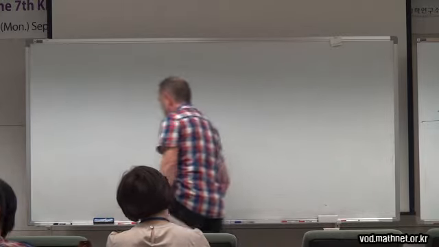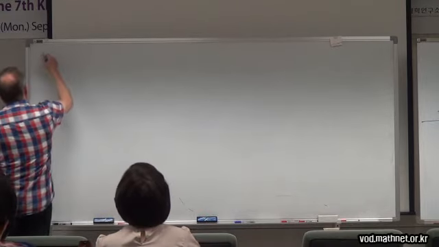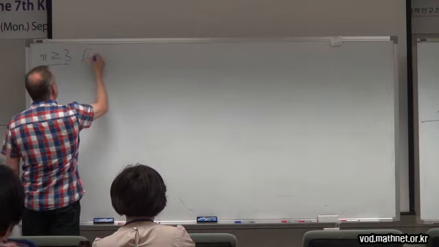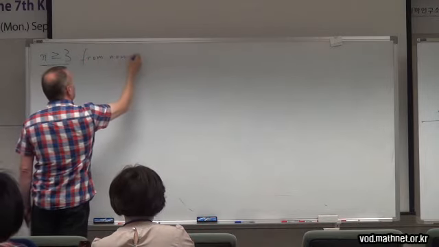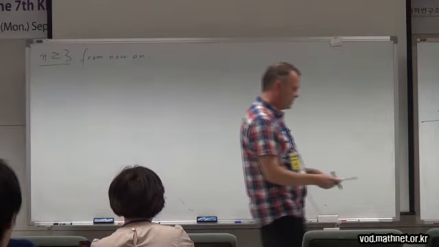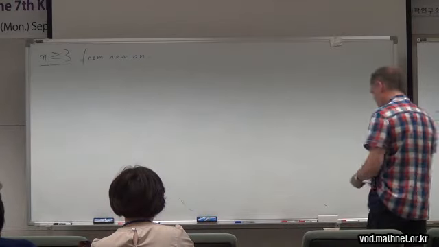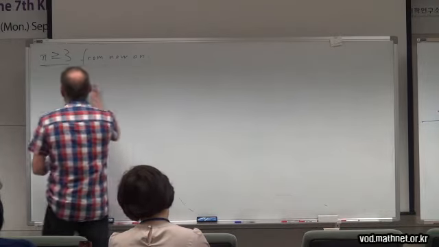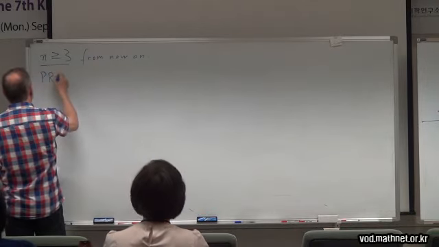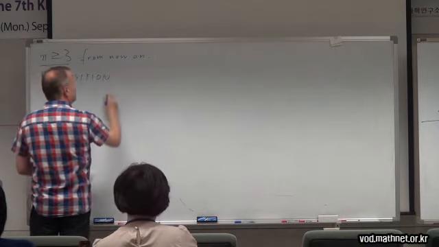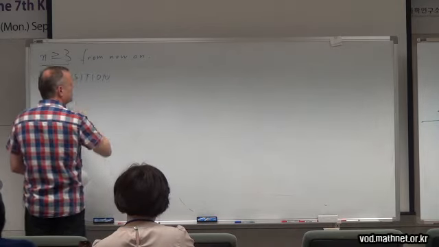So there is a good explanation why this is a good assumption. Okay? N greater or equal to 3 from now on. So the next, where am I now? Proposition.